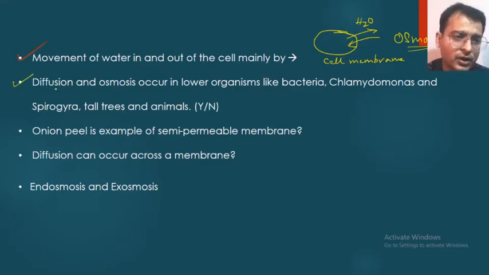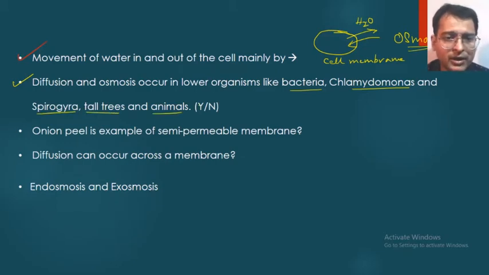Next, the diffusion and osmosis occur in lower organisms like bacteria, chlamydomonas and spirogyra, tall trees and animals. Is this statement true or false? In the textbook, it is given that osmosis and diffusion are taking place in bacteria, chlamydomonas and spirogyra.